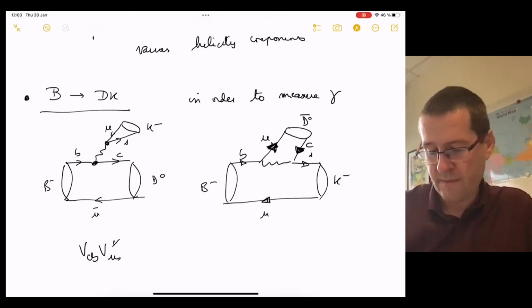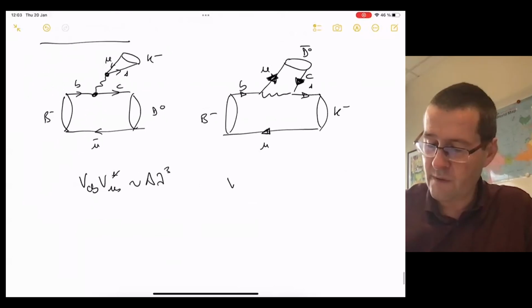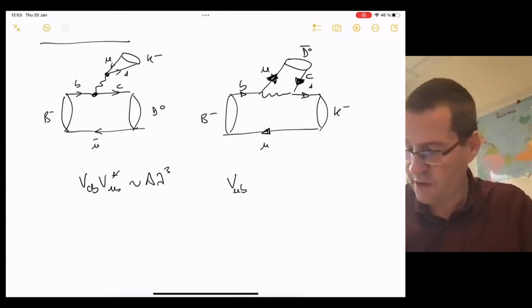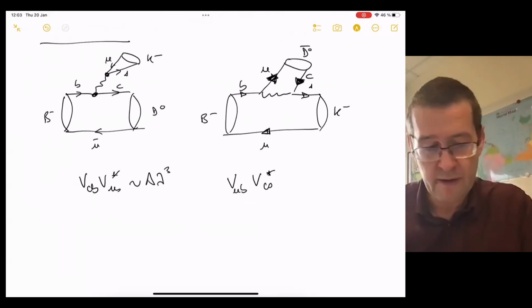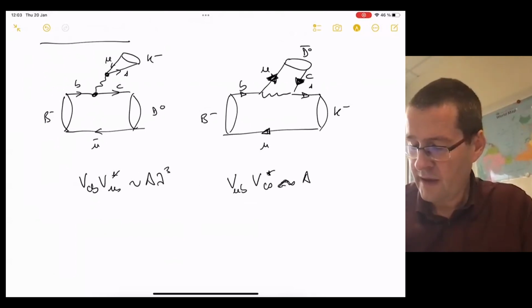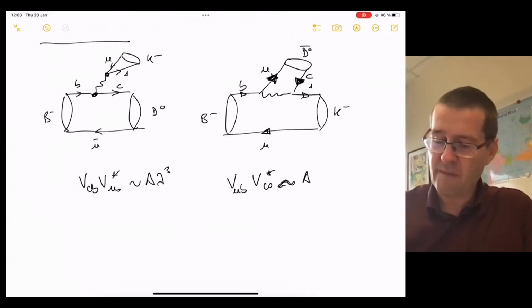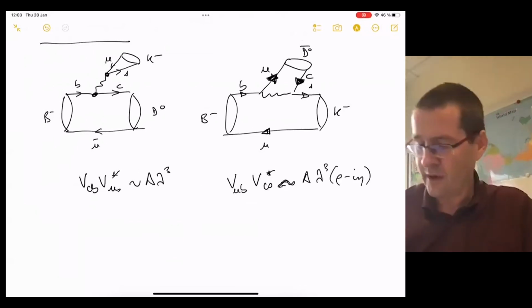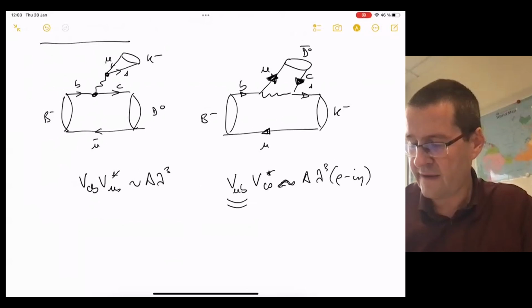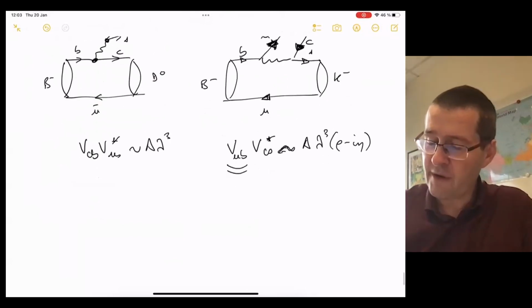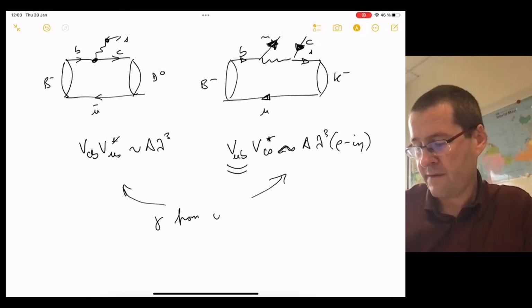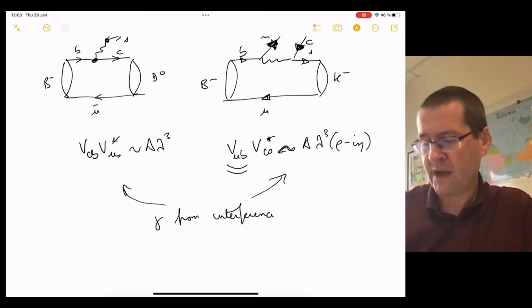You've got, in one case, something going like lambda to the cube. The other one, because you've shifted the connections through the W boson, is VUB VCS star rather than VCB VUS star. And that means that in principle you do have a sensitivity to the phase of VUB if you're able to make an interference of these two diagrams.